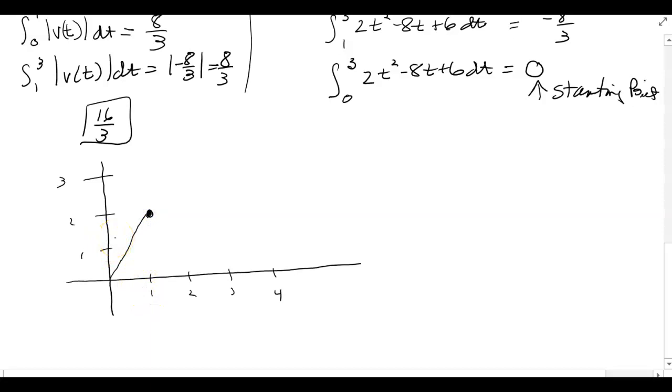from 1 to 2, and then remains constant to 3, and then comes down as a straight line.